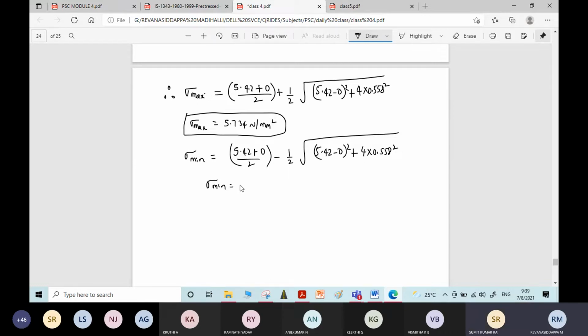Minus 0.055 Newton per mm square. Yes. Okay, so this completes the problem.